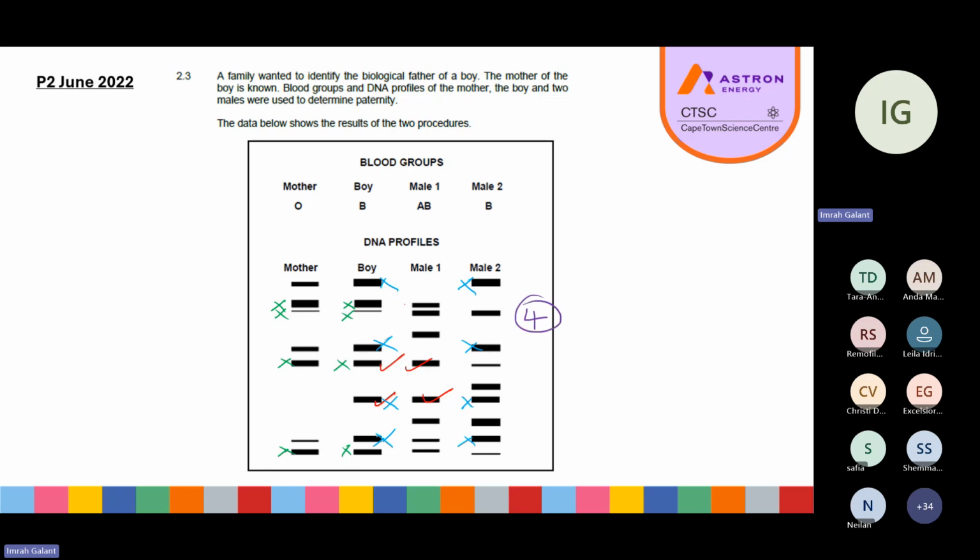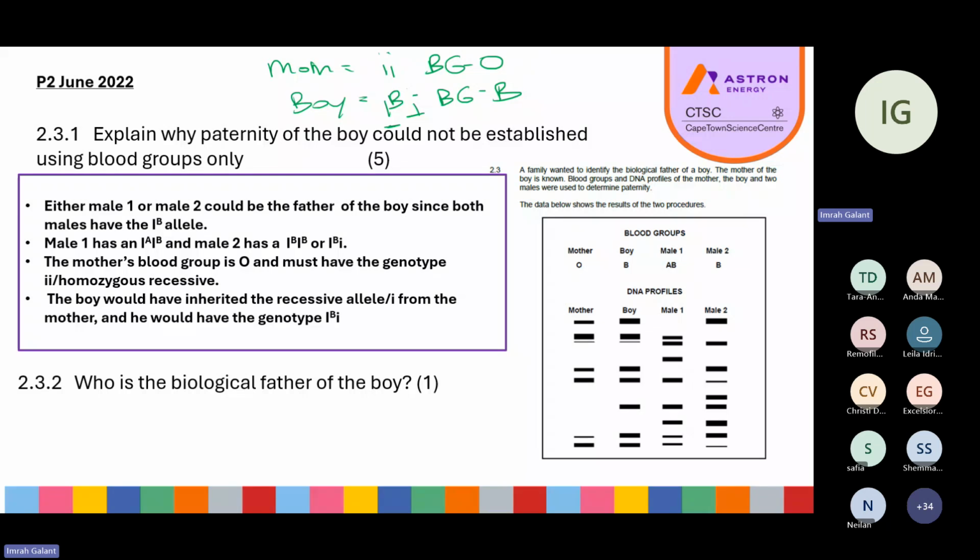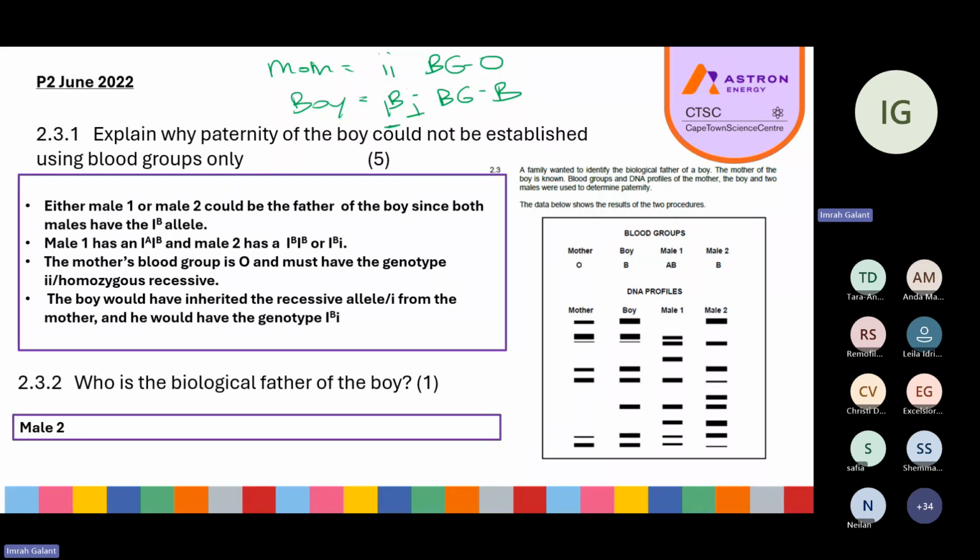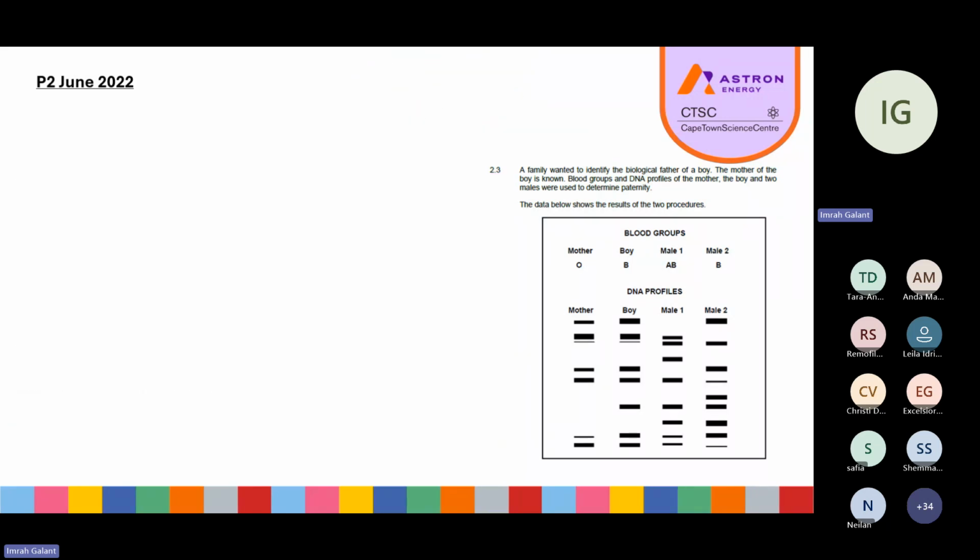With male 1, only 2 bands are the same. So because there are more bands that are similar between male 2 and the boy, that will now indicate to us that male 2 is the father of the boy. Okay, who's the biological father of the boy? That's male 2.